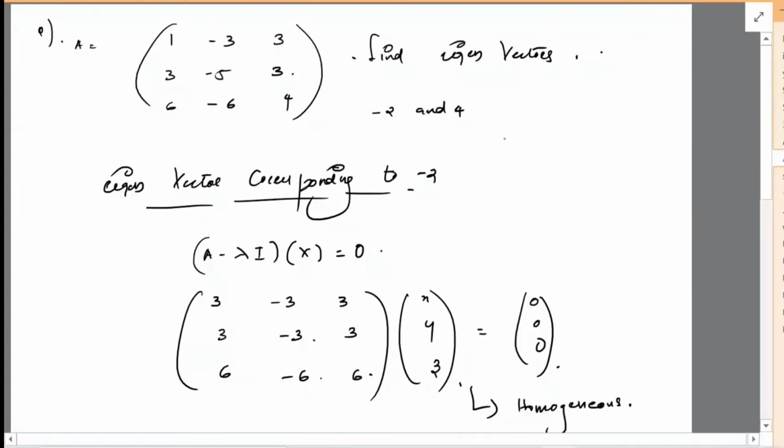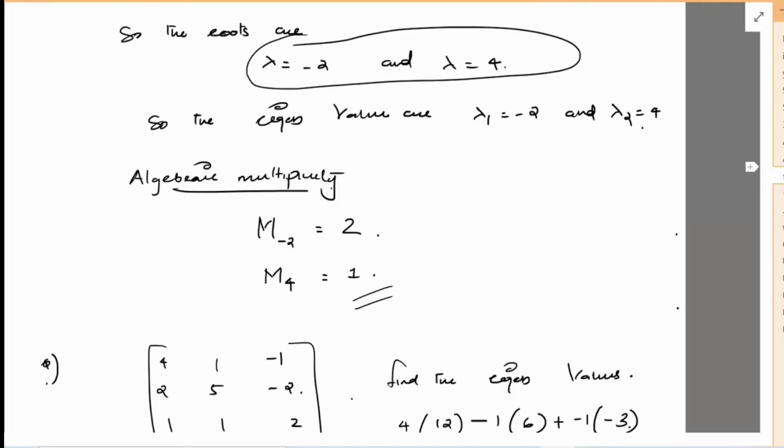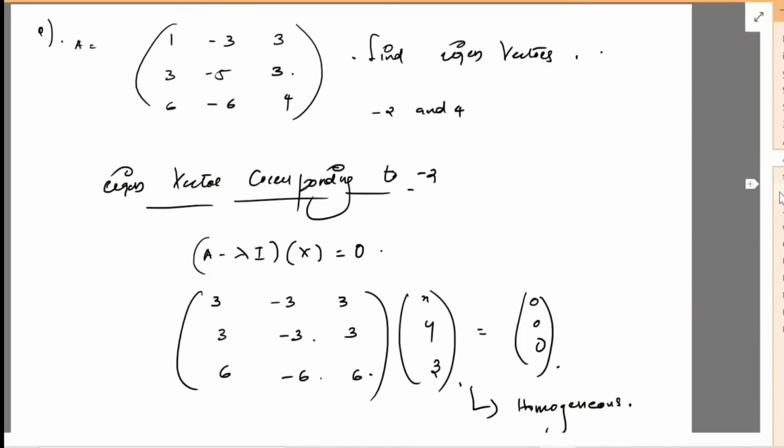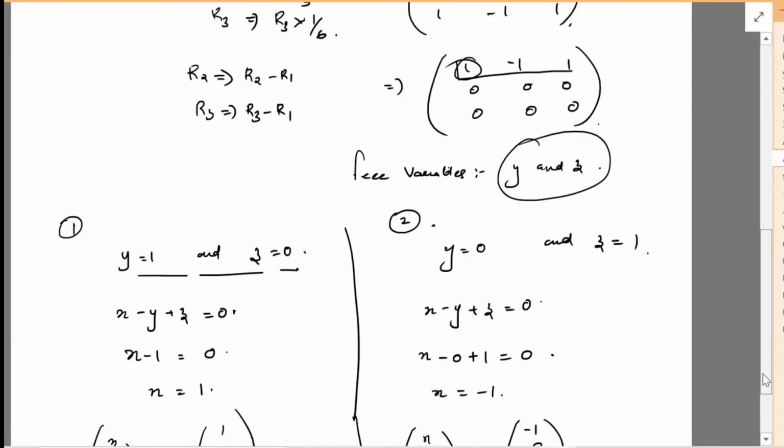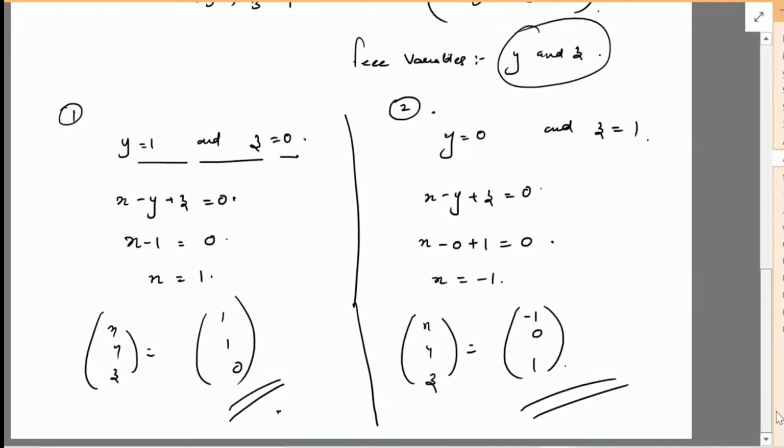There is one more eigenvalue, lambda equal to 4. So corresponding to minus 2, the eigenvectors are 1, 1, 0 and minus 1, 0, 1.